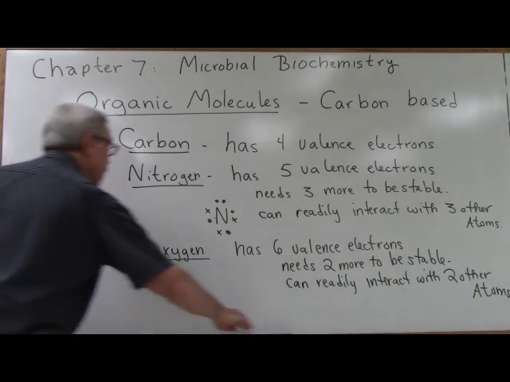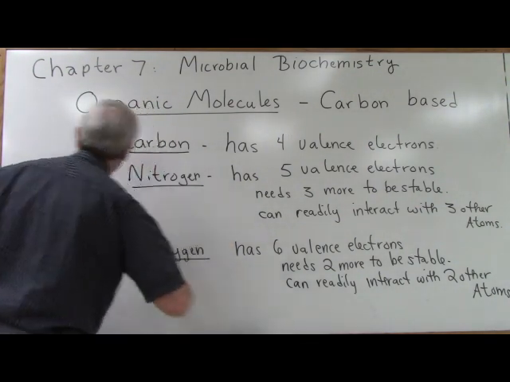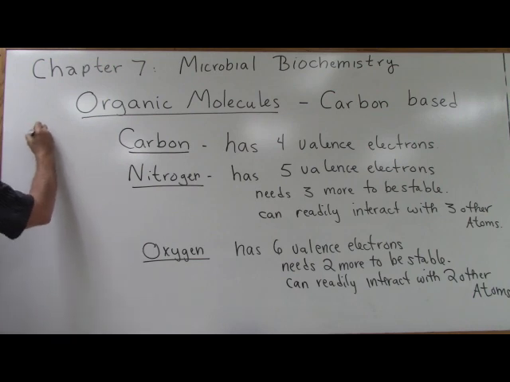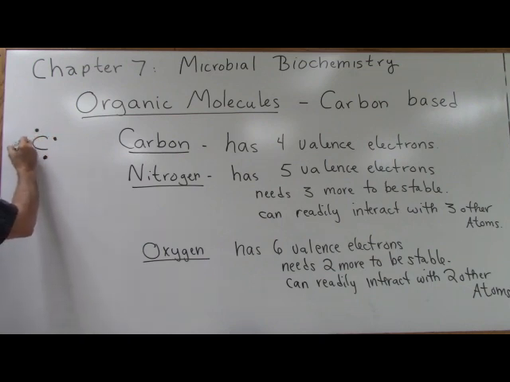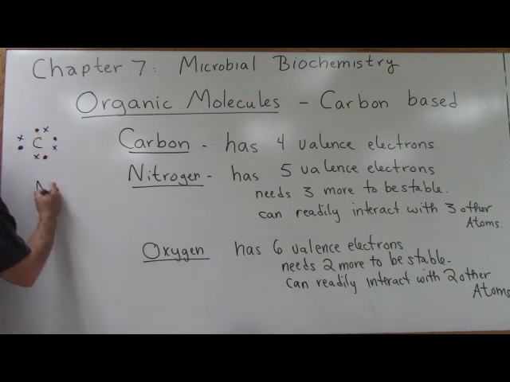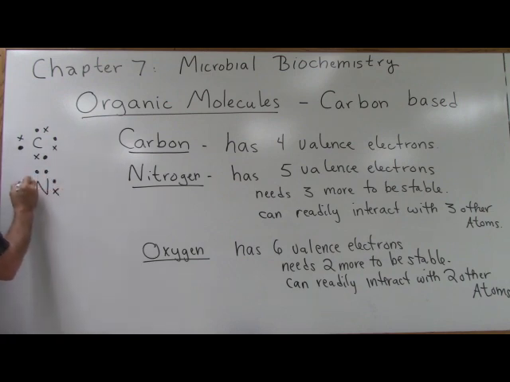Again, let's just sort of move these out. So if we move these out, carbon looks like this, with 1, 2, 3, needing 4 other electrons. Nitrogen looks like this, with the dots representing electrons and the X's representing places where electrons need to go.